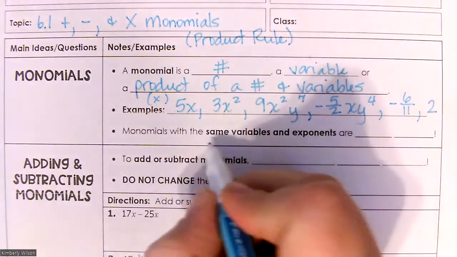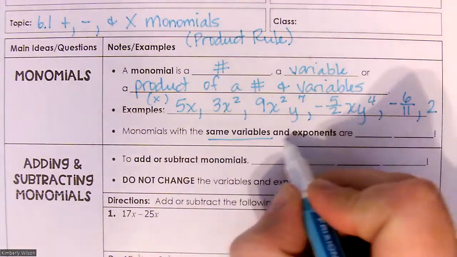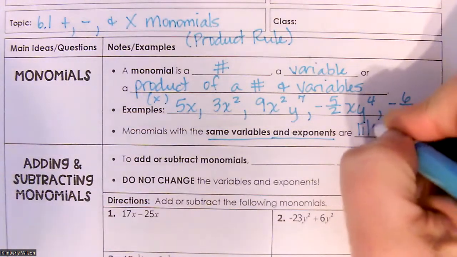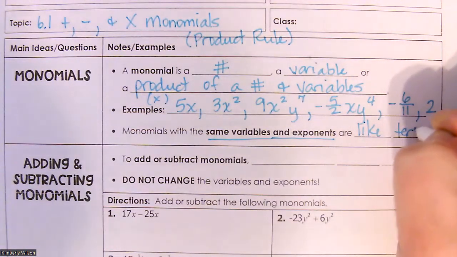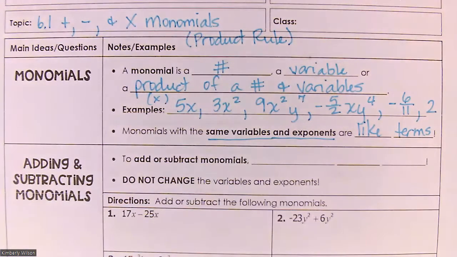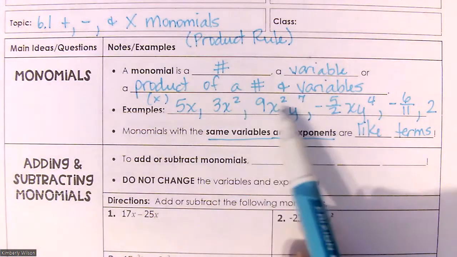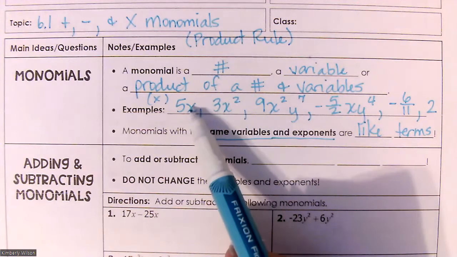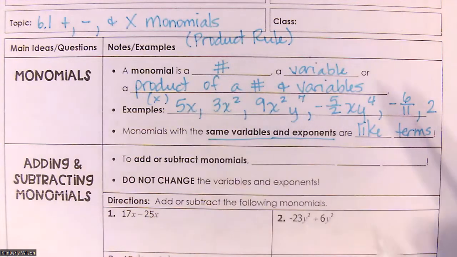Monomials with the same variables and exponents are like terms, which we have already talked about and dealt with some this year. So this adding and subtracting monomials, we'll just be adding in where you have scenarios that look like this. We've dealt with some like this, definitely many like this.